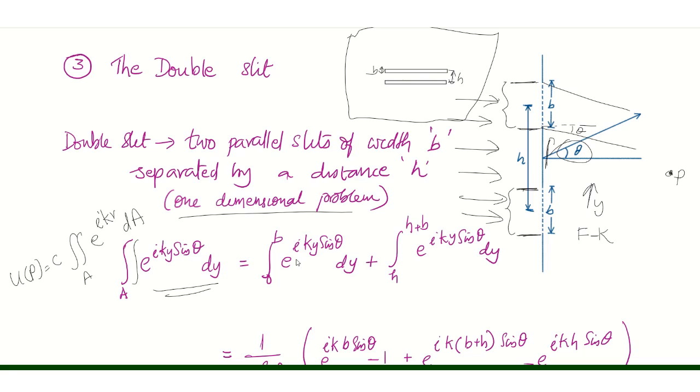This region is not going to contribute, and again the outer regions of that closed surface that we considered when we used Green's theorem are not going to contribute anything to the point P. Let's take this as 0, then this point is going to be P. Now h is the distance between the midpoints of the apertures.